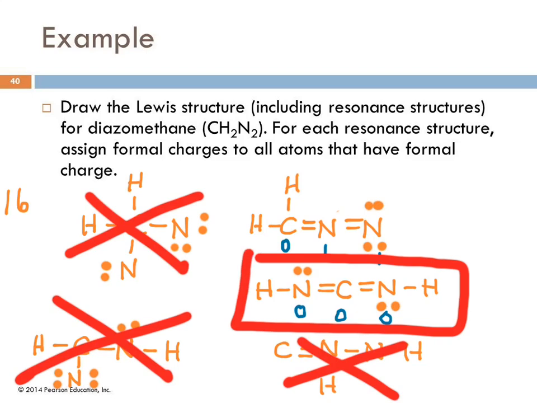The structure with the lowest formal charges wins. If there's a tie, the structure with the negative charge on the more electronegative element wins. Any questions? You can also rewrite that one, can't you? You just flip the 2 pairs.